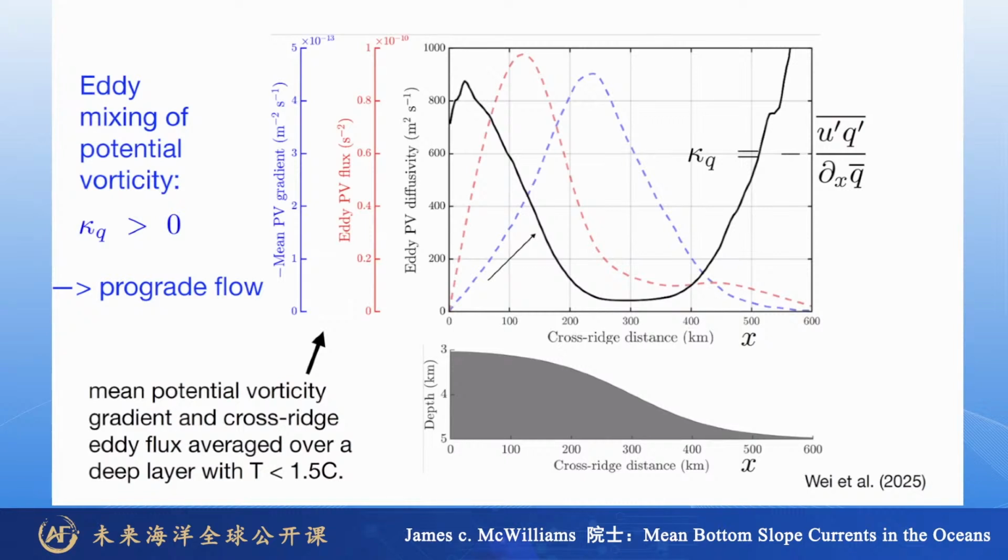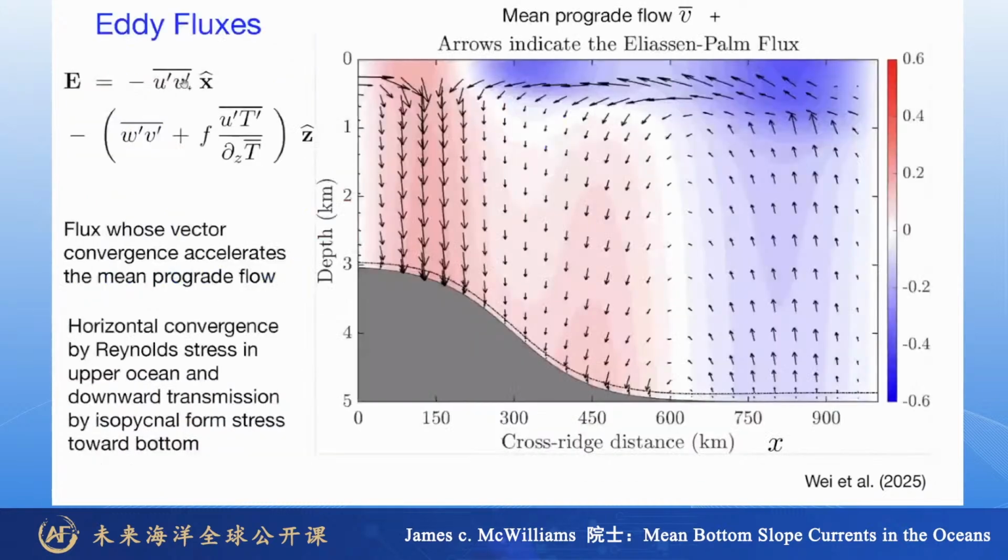If this were a purely barotropic flow, then if we were to come back to the Eliassen-Palm flux, the only eddy flux that would be allowed in a barotropic flow is the horizontal Reynolds stress. And you see that the horizontal Reynolds stress is playing a very important role in this 3D flow, but it's playing it mostly in the upper ocean where the eddies are strongest.